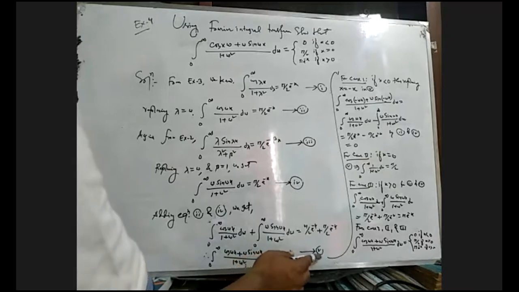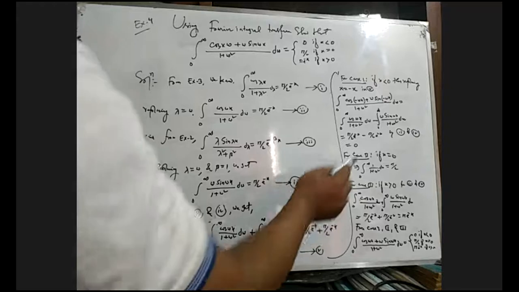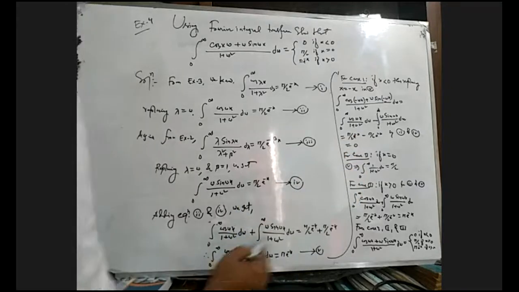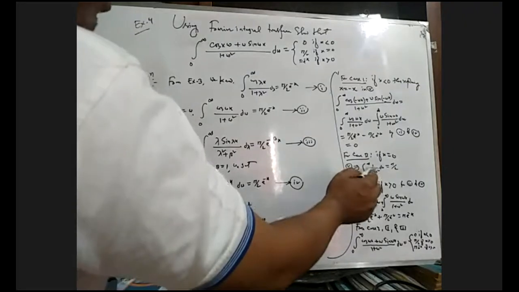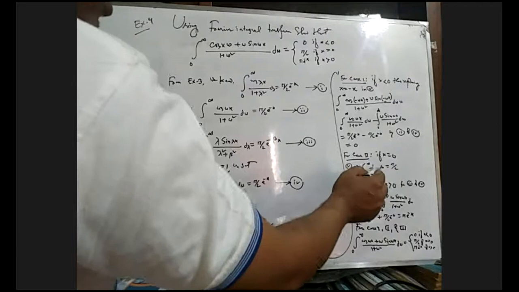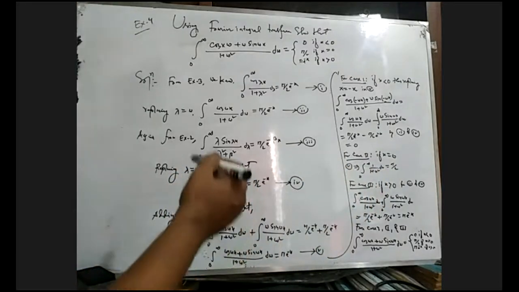Now for case 2, if x equals 0, what is the value of this integration? Just putting x equals 0 here, we get cos 0 equals 1 and sin 0 equals 0. This is why we have 1 by 1 plus omega square. And the integration of this must be pi by 2, because the formula for 1 by 1 plus x square is, sorry, this will be not sin inverse but tan inverse omega, from 0 to infinity.